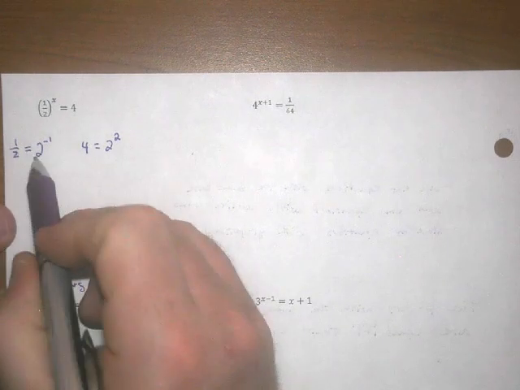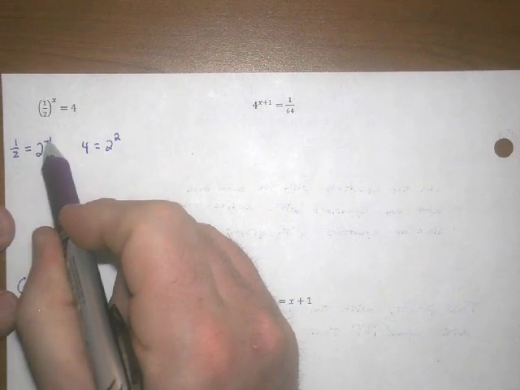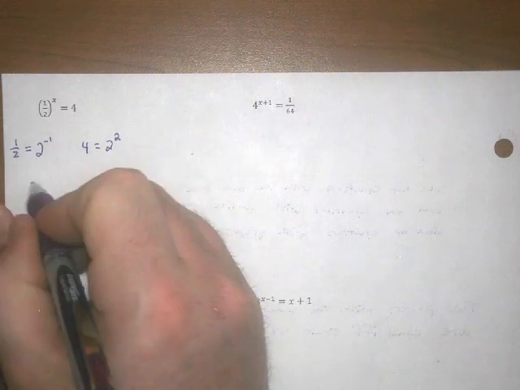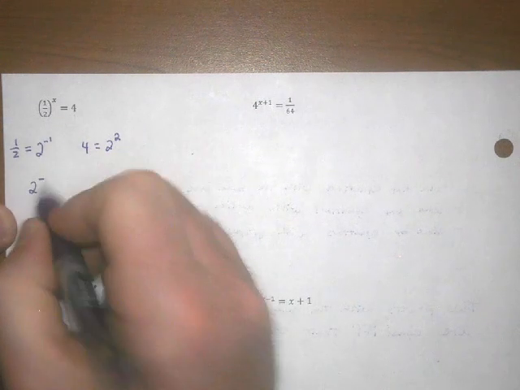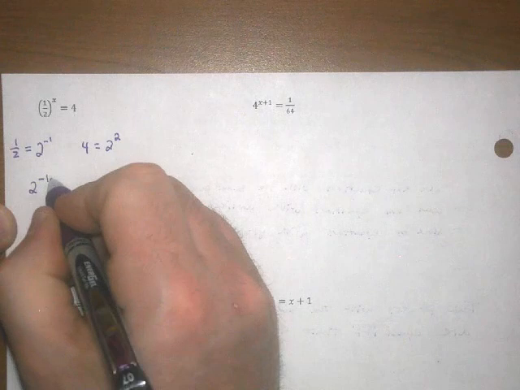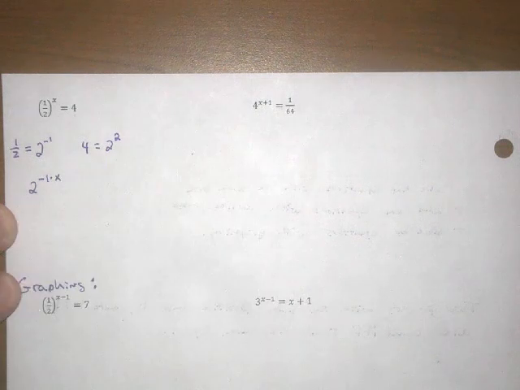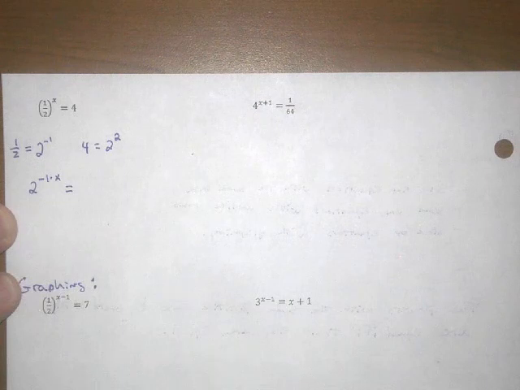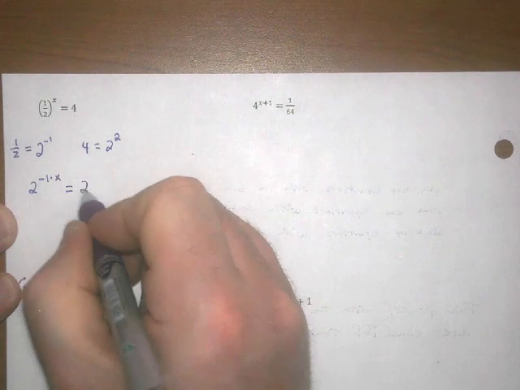So reverse engineering this using our negative exponents, which we'll do here in a moment in this one as well. So my base is 2 to the minus, and again I had that x on the outside, so this is actually going to change to 2 to the minus 1, and then again it's times the x that's there.